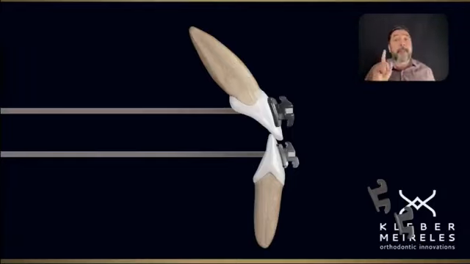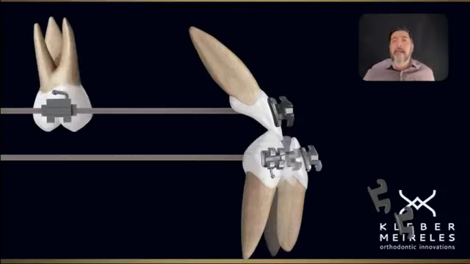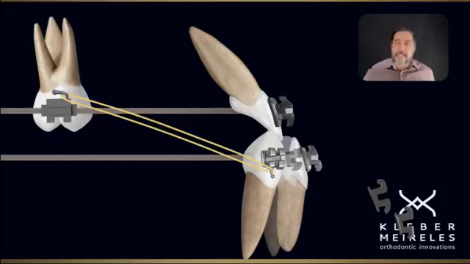Not bad in this case, but if you have to compensate, this bracket here that were thought for finishing will not help you. Let's say you want to apply a class 3 elastic. In this situation, the class 3 elastic will compensate the case by means of further inclination of upper teeth forward and lower teeth backwards, negative inclination of lower anterior teeth.